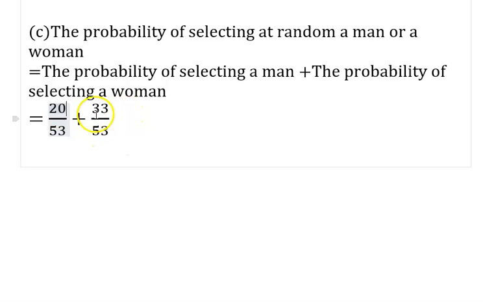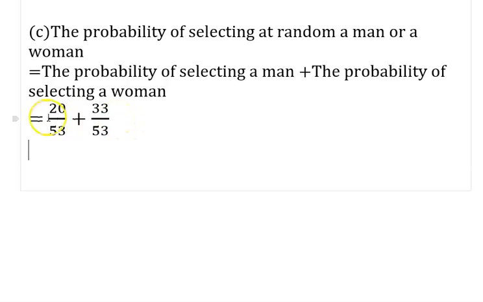Beautiful. And the probability of selecting at random a woman is 33 over 53. So we are going to add this together. Now, don't forget, like we've said over and over again, if you are adding or subtracting fractions, you can watch our video on addition of fractions or subtraction of fractions. You'll be making use of LCM.